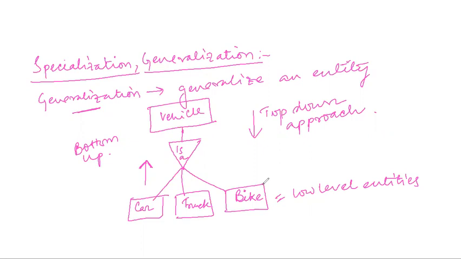So vehicle is a generalized thing, and car, truck or bike is a specialized thing. And this generalization is a bottom up approach, and this specialization is a top down approach. Is this thing clear? Yes, ma'am.